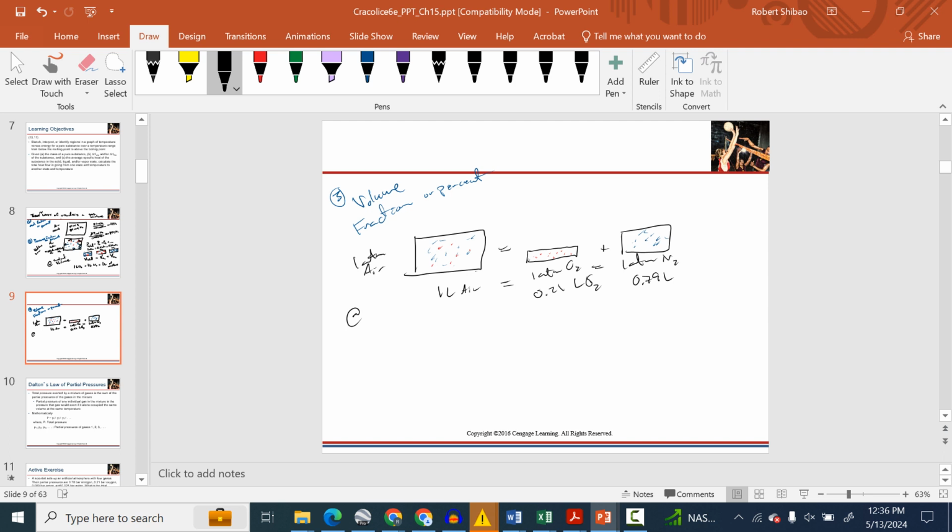And so we see that this is going to be at constant pressure. It should have been 1 atmosphere over here of air, at constant pressure. That is, the pressure of the air is equal to the pressure of the nitrogen plus the pressure of the oxygen. Doesn't matter which order you write this in.